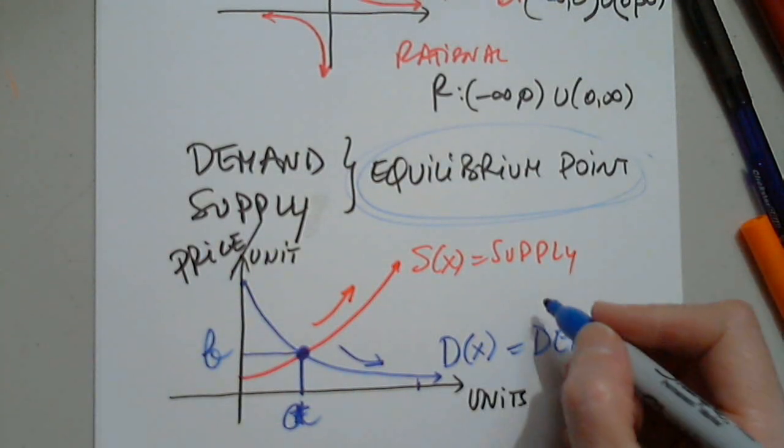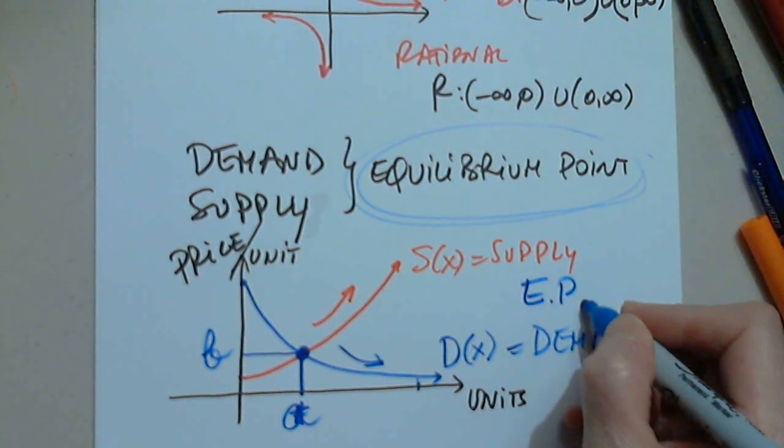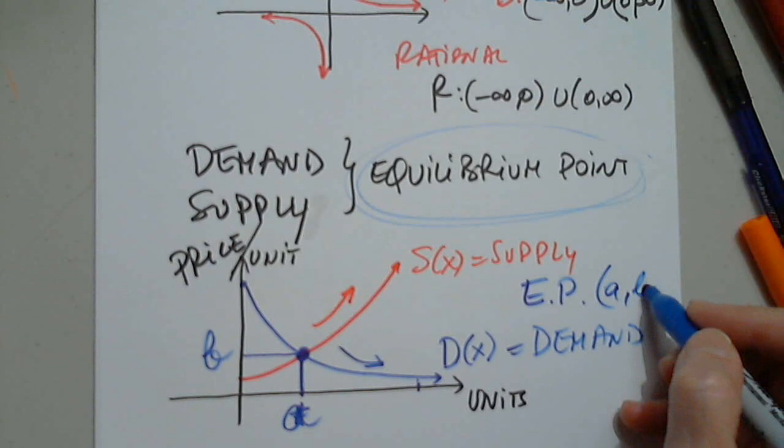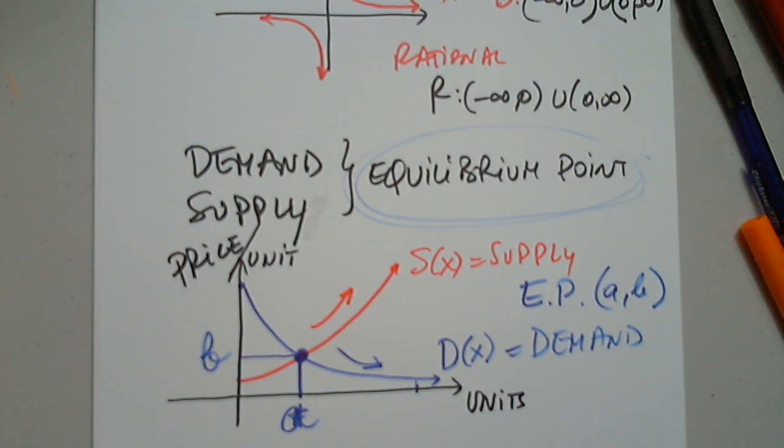The equilibrium point is a point, EP, equilibrium point, (A, B). We're going to look at a few graphs and determine the equilibrium point. So we have problems 77 through 84. Let's choose any of these that you like.